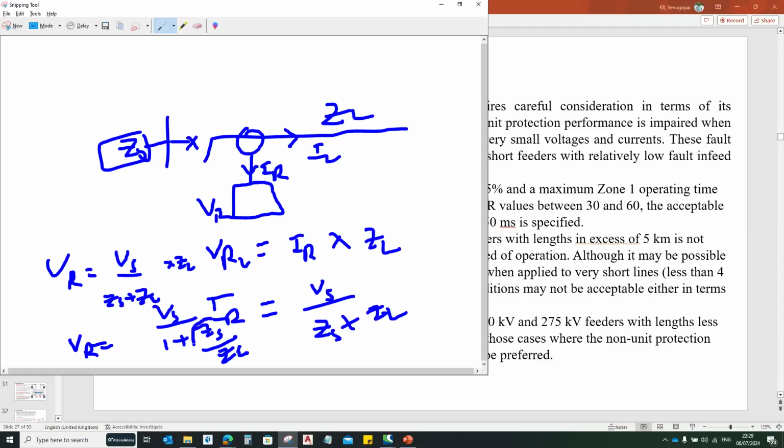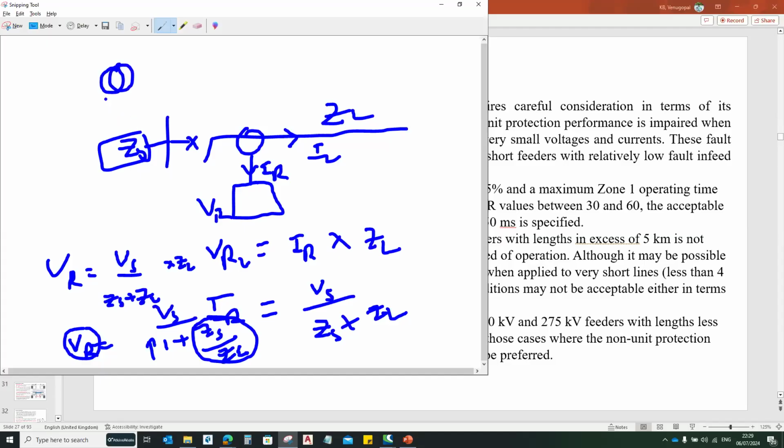In the denominator, Zs by Zl: if the source impedance is more, then this value will be more, and the voltage across the relay will be very less, so your distance protection relay is not sufficient to detect these kinds of faults. Generally the source impedance is nothing but the transformer.